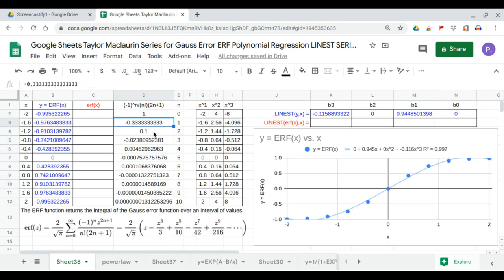So we're good. So the third degree is 0.1 and the seventh is negative 0.023. Now we can enter the expansion.